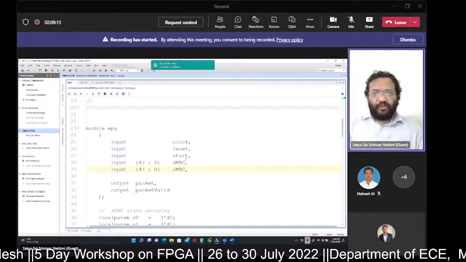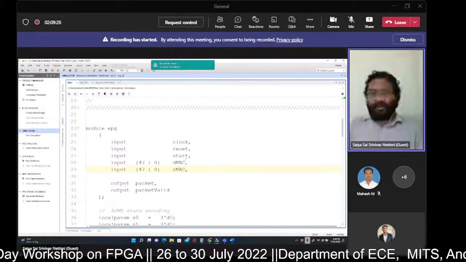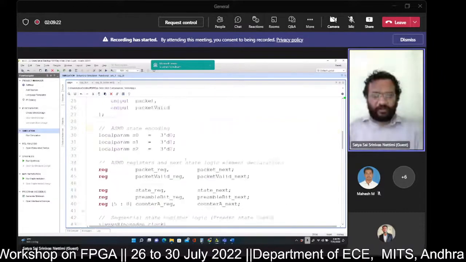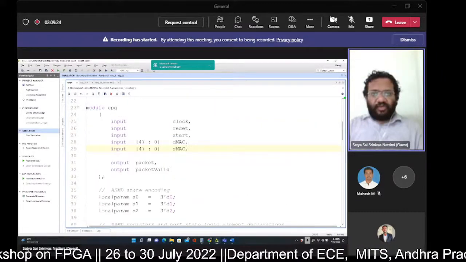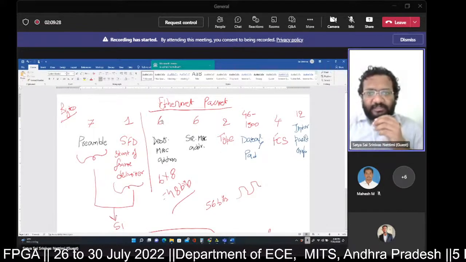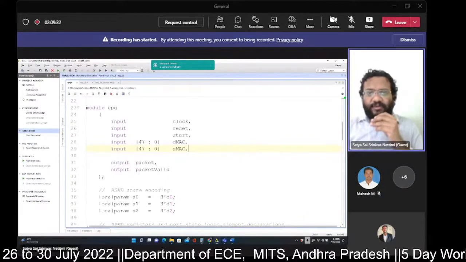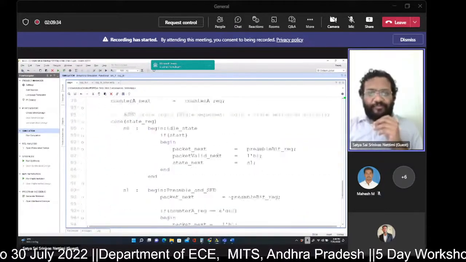So these are the two inputs that I am considering to our module. I assume that these are already available. As per the frame format, it is 6 bytes, so 6 bytes into 8 bits is 48 bits, 47 down to 0.